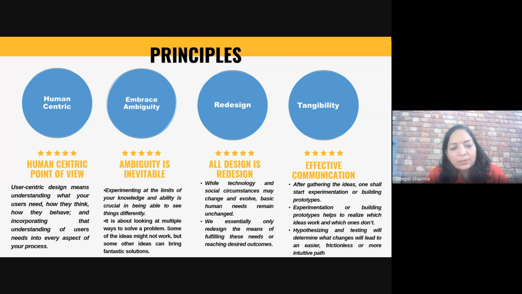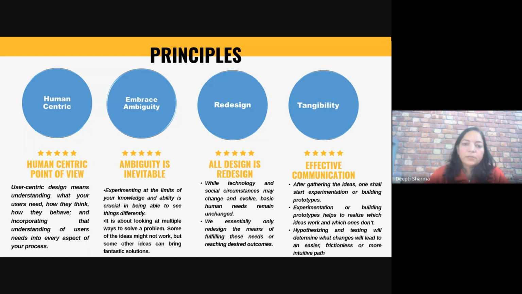User-centric design means understanding what your users need, in our case, what our students need, how they think, how they behave, and incorporating that understanding of users' needs into every aspect of the process: in teaching, learning process, in evaluation methods, in maintaining the discipline also. We should empathize with our students, and this approach should be more human centric.